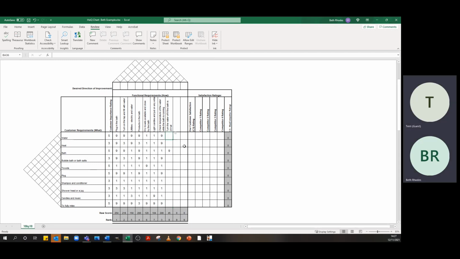Cool. So then we've got turn the water off when the bath is 2/3 full. A 9. And the heat? It's a 9, because you wouldn't turn it off unless it was hot enough. Bubble bath or salts?